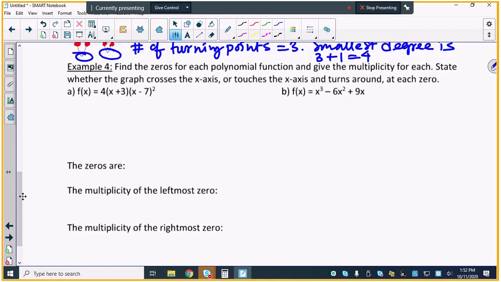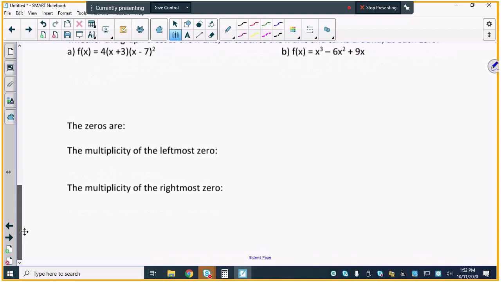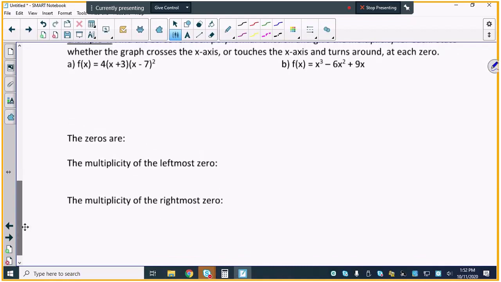So for the following two examples, we're going to find the zeros of these polynomials. We're going to use the multiplicity of the leftmost zero and the multiplicity of the rightmost zero to talk about whether the graph touches the x-axis. First one is pretty simple. In order to find the zero, you just think about the equation, and it is the zero multiplication rule.